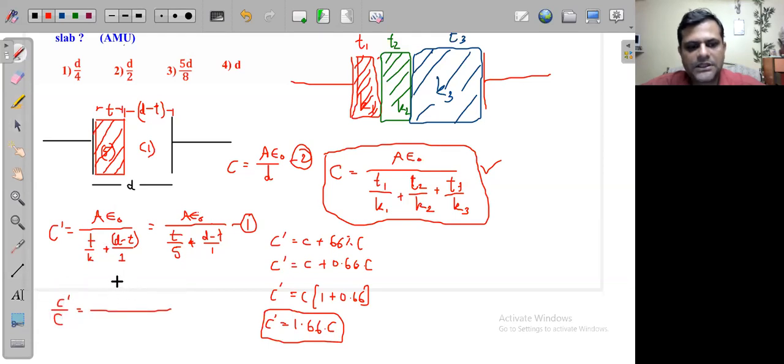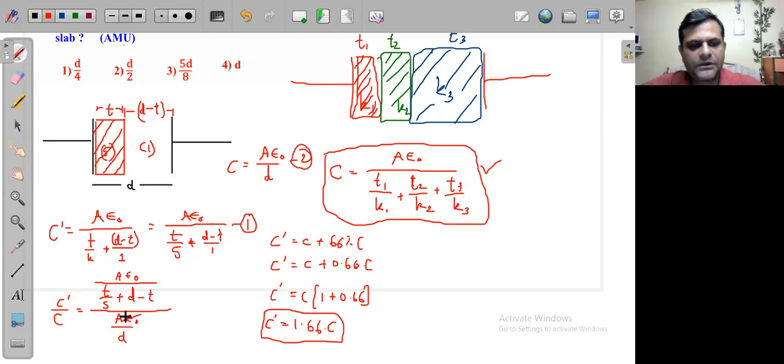So here we can see that this C dash is going to be A into epsilon naught divided by T by 5 plus D minus T, which is to be divided by equation number 2, which is actually A epsilon naught upon D simply.